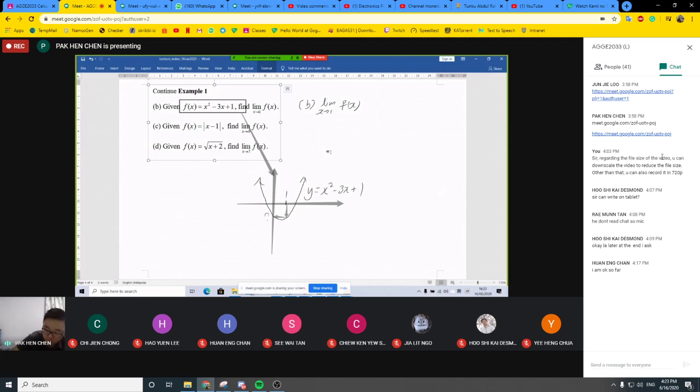All right, since it is a continuous function, with no break or hole, for this question I will just substitute 1 into x squared minus 3x plus 1.